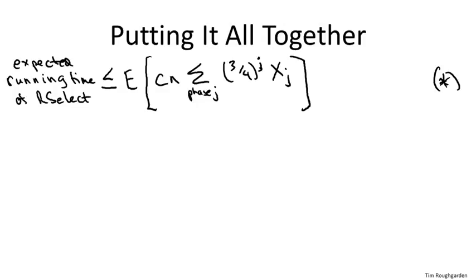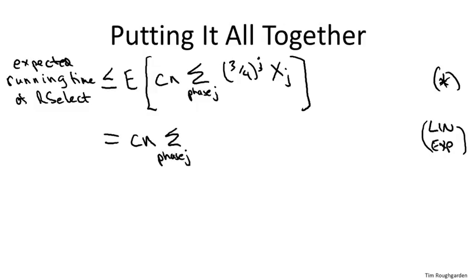Now, star was written as an inequality in terms of the random variables. Now we're going to go ahead and take the expectations. And again, don't forget where the expectation comes from: this is over the random pivot choices that our code makes. So the expected running time of the algorithm is at most the expectation of this starred quantity. Like I said earlier, pretty much every time we analyze a randomized process, we wind up using linearity of expectation at some point.